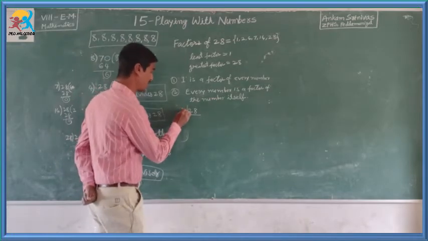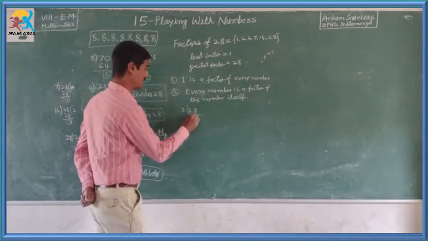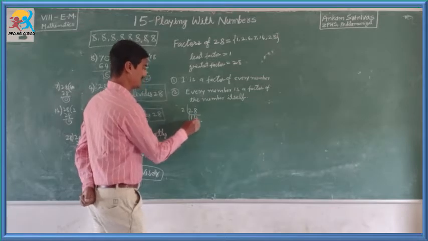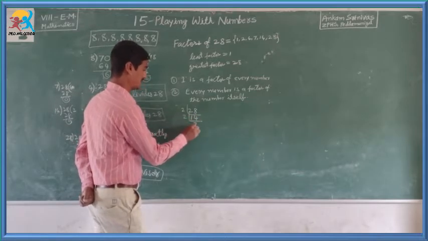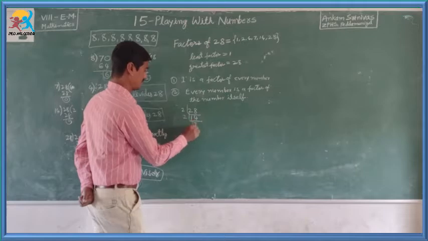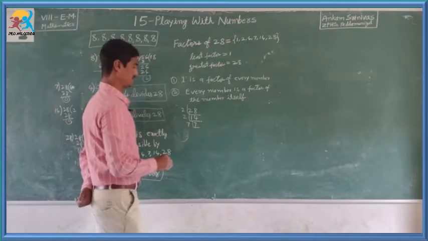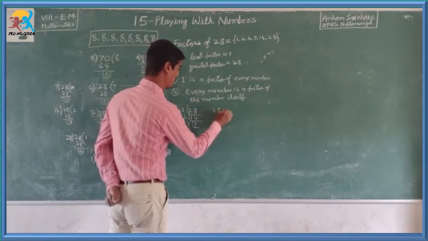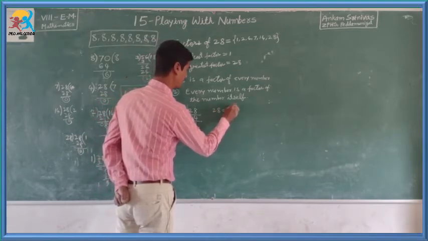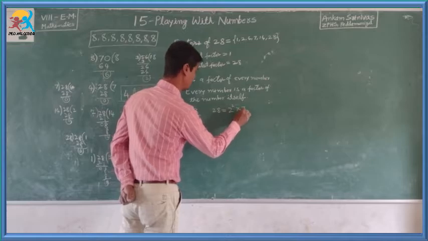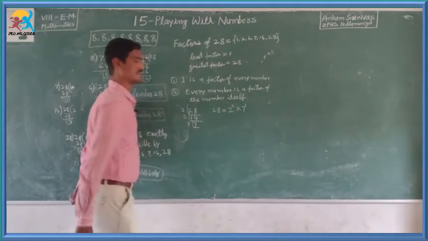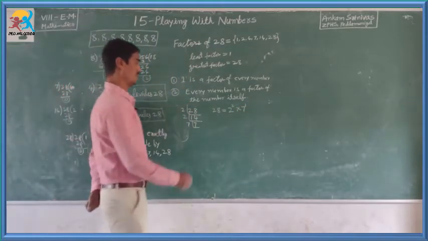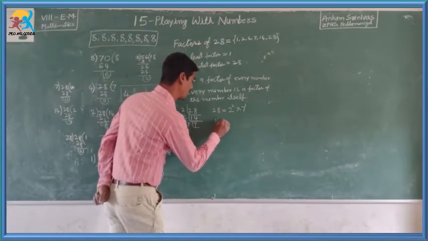Prime factorization: 2 1s are 2, 2 4s are 8, 2 7s are 14, and 7. So, 28 can be written as 2 power 2 into 7 power 1.